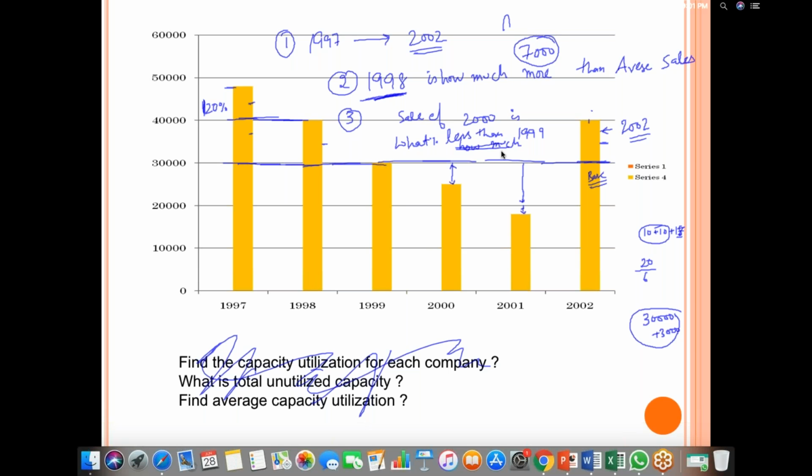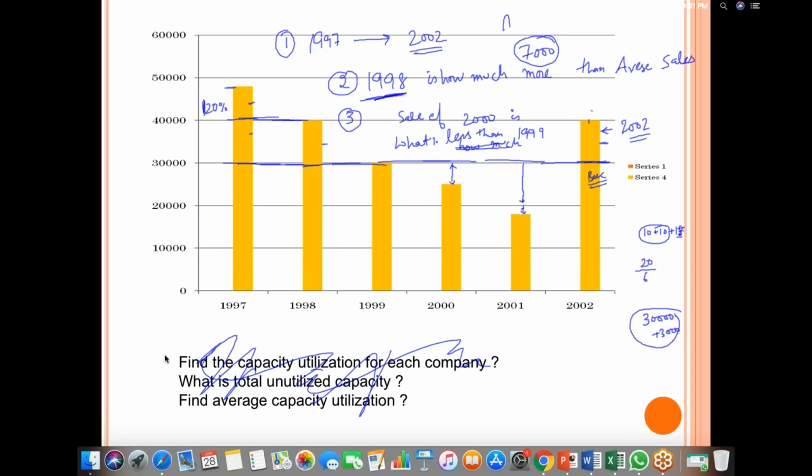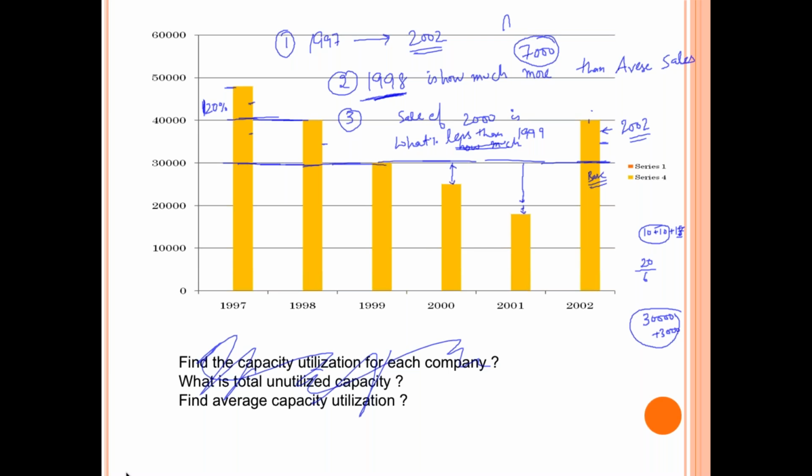See, Sunny, I will just explain average again. You draw an imaginary line anywhere in the middle, and that imaginary line will help you. Let us say we have drawn this line. Here I have 10,000 extra, 10,000 here, 18,000 here.